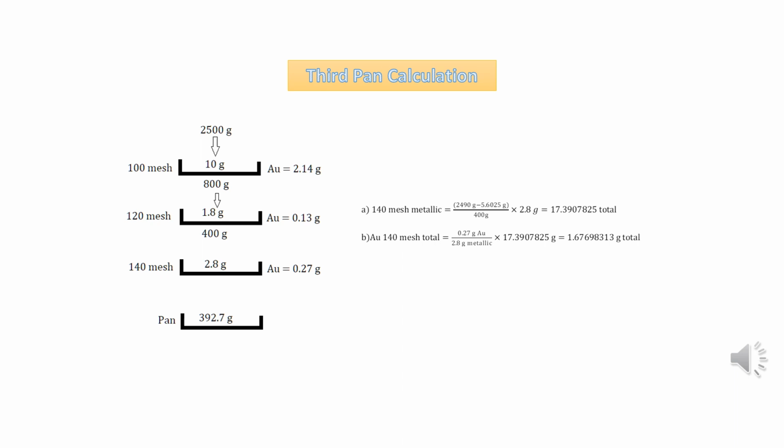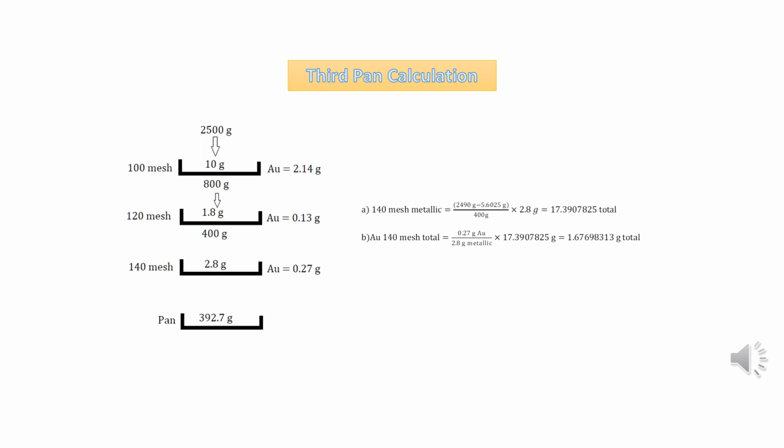Okay, now you know the amount of gold and the amount of metallics you had on your 120 mesh screen. But now you've got 1,682 grams of pulp left over.